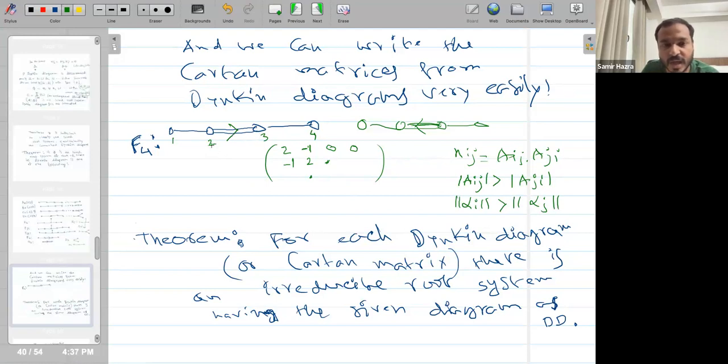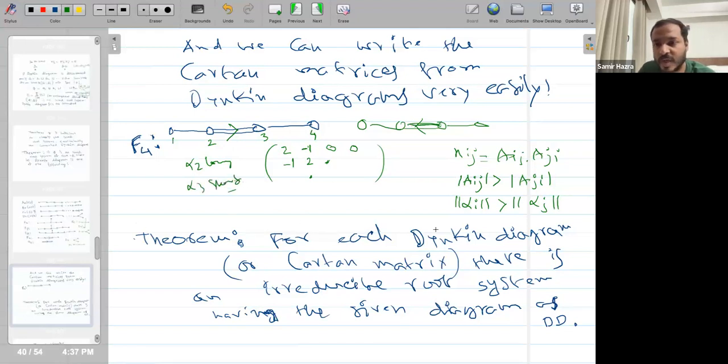This arrow means alpha 2 is bigger. So in this case, this is basically alpha 2. So alpha 2 is long. Let me write alpha 2 long and alpha 3 short.